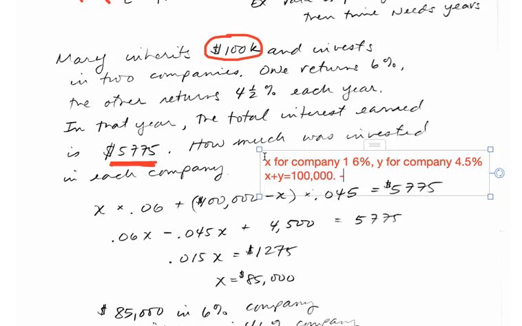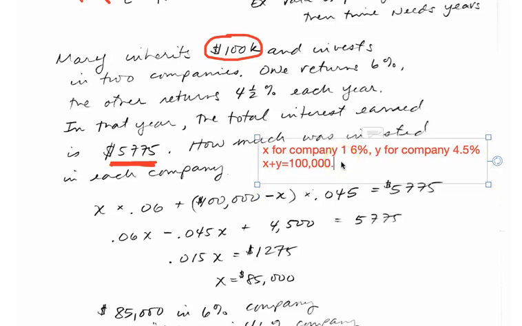Eventually we're going to plug this in and end up with one equation, but let's stop right there, that would be the first equation. For our other equation, we're going to have X times 0.06, since we get 6% back from company X, plus Y times 0.045, and we know that's got to equal 5775.